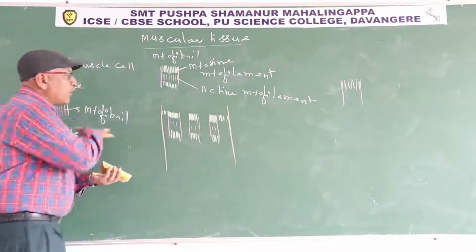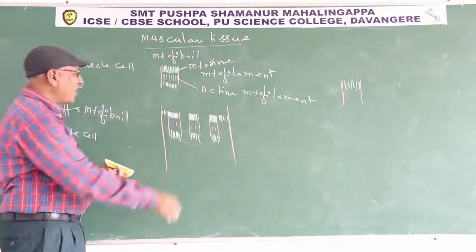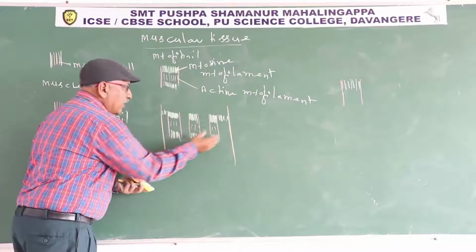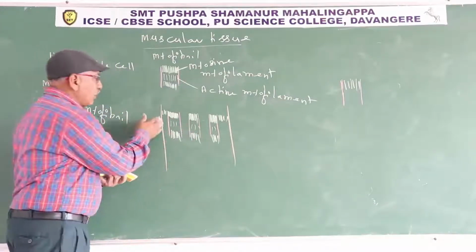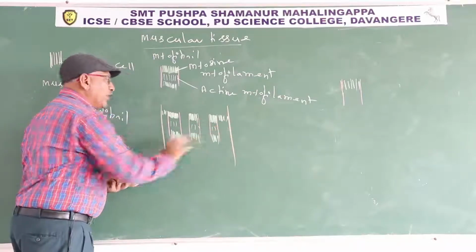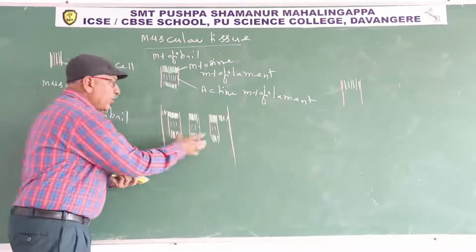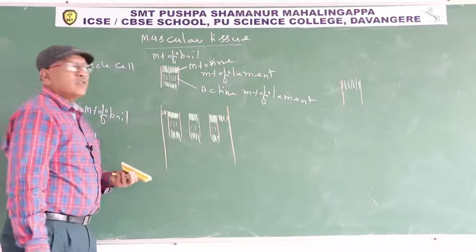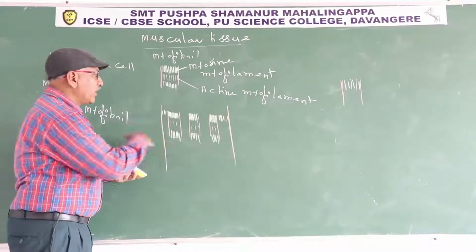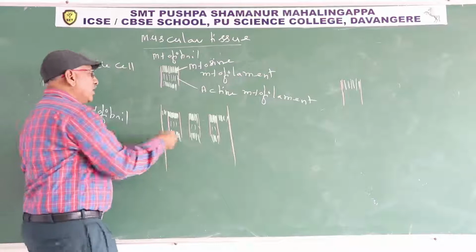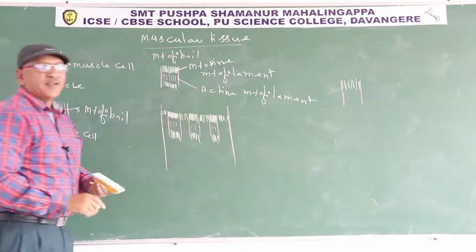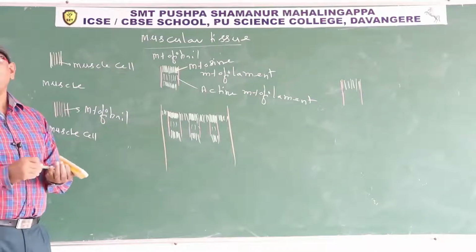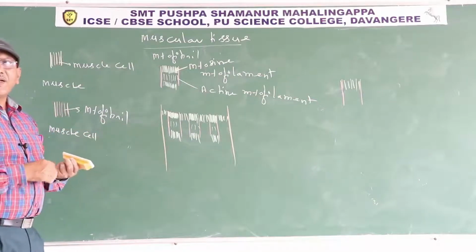So myosin myofilaments act as a line. It does not mean that a muscle cell contains only 3 myofibrils. I drew only 3. Several myofibrils are present from one end to another end. In all myofibrils, the myofilaments coincide and appear as a line. That's why they are known as striated. Striation means line. Cardiac muscle is also a striated muscle.